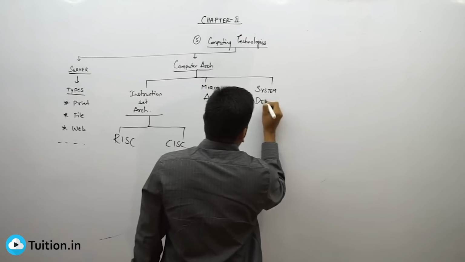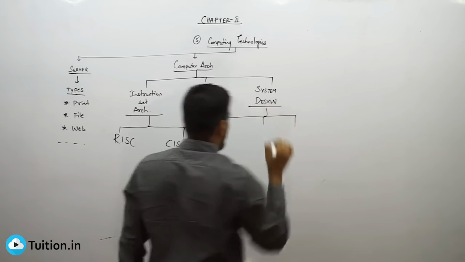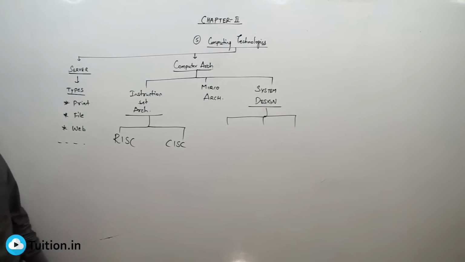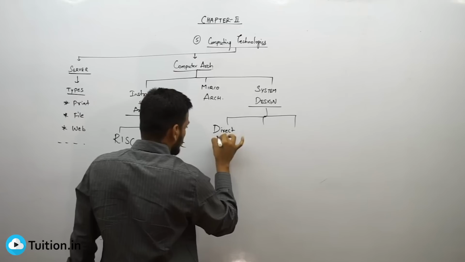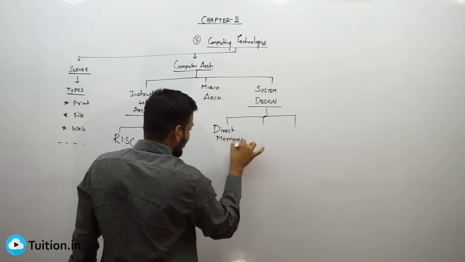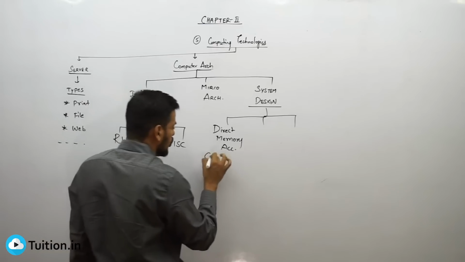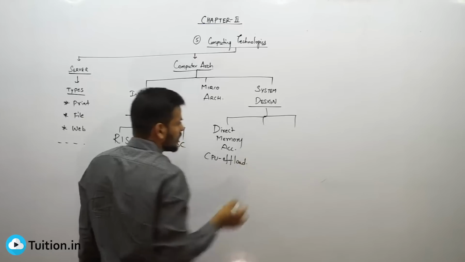System design, where I again have three concepts to be broken down. What are the three concepts in system design? It talks about direct memory access, which is called DMA, or also called the CPU offload mechanism.